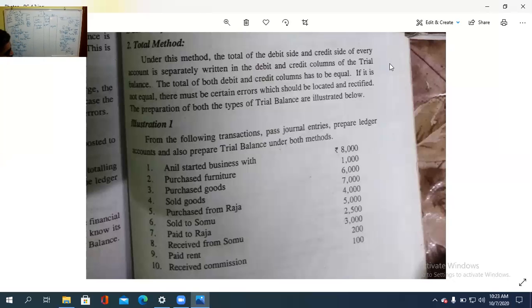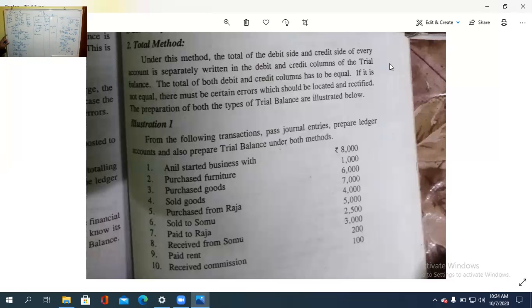Then rent it is 200. Commission it is received, so 100. Then what all items next? This we take it, purchases we take it, sales take it, then rent take it, commission take it.